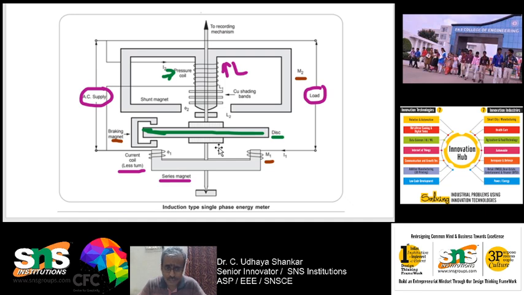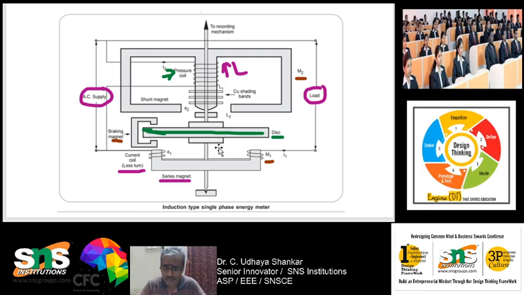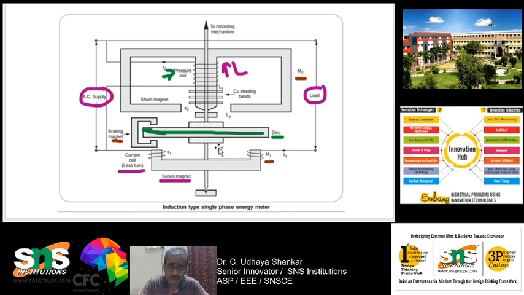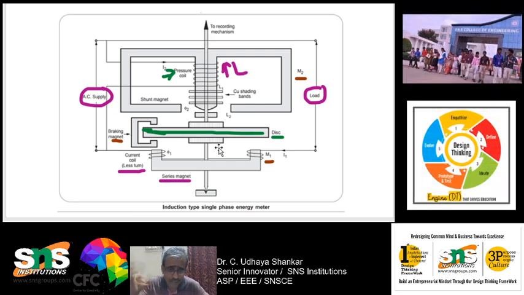Whenever the second electromagnet, that is the pressure coil or shunt magnet, is made such that the magnetic field phase angle is lagging behind the series magnetic field, then a rotating magnetic field will be produced between the magnets M1 and M2, because of which the aluminum disc placed between M1 and M2 will rotate, and the driving torque will be there to rotate that aluminum disc.